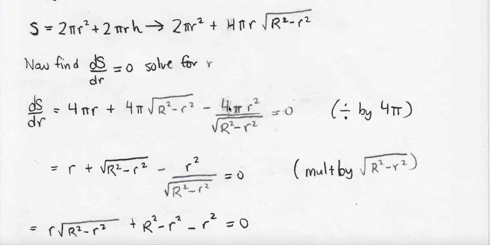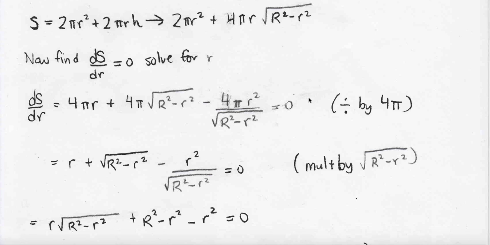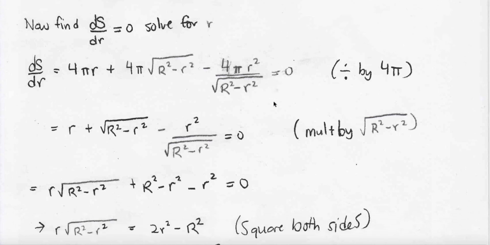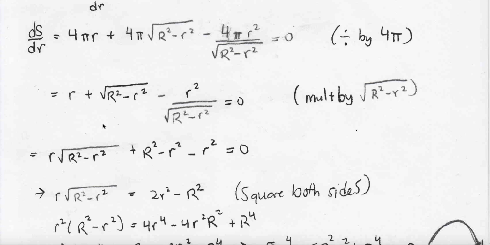I have a 4 pi everywhere. The 4 pi contributes nothing to the solution, so I simply divide it out. And I'm left with r plus the square root of cap R squared minus little r squared over the square root of cap R squared minus little r squared equals 0.